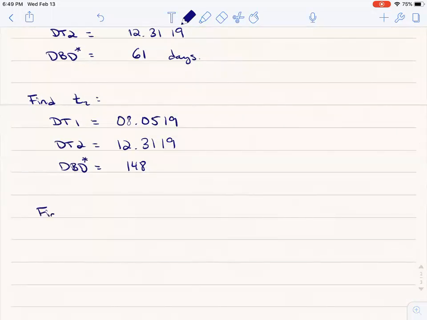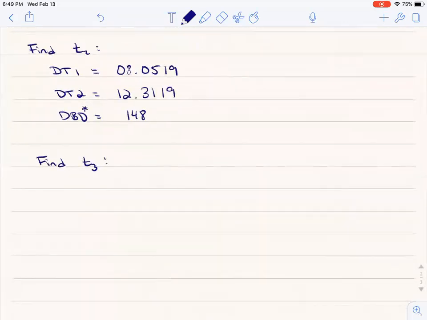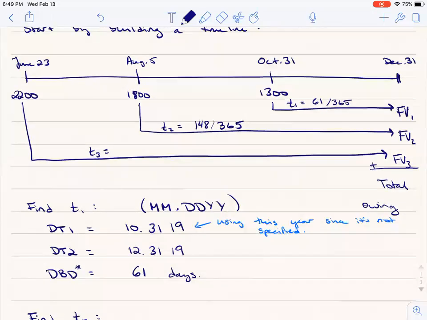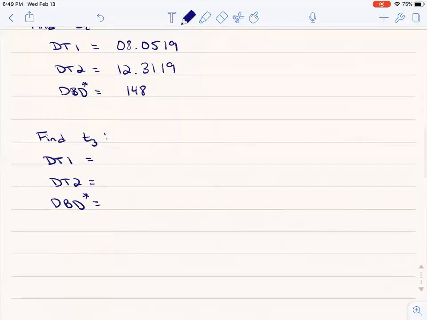Finally, find T3. Same thing, date 1, date 2, days between dates. It's the one we're calculating. Date 1 is June 23rd.